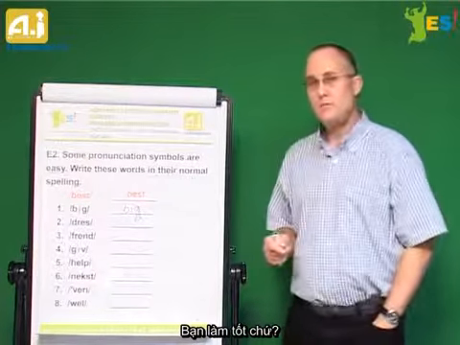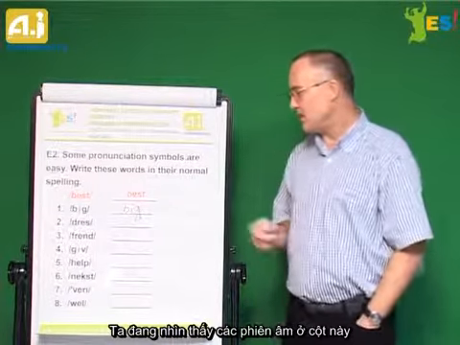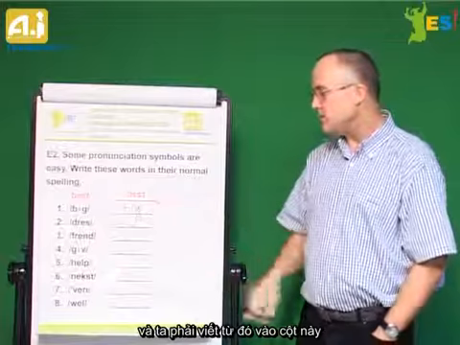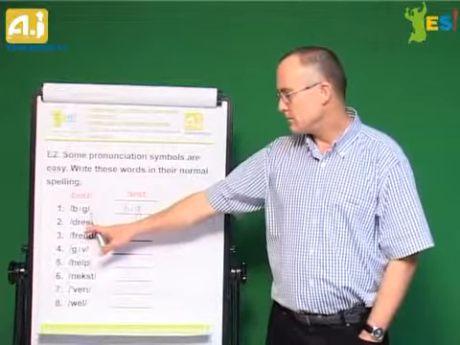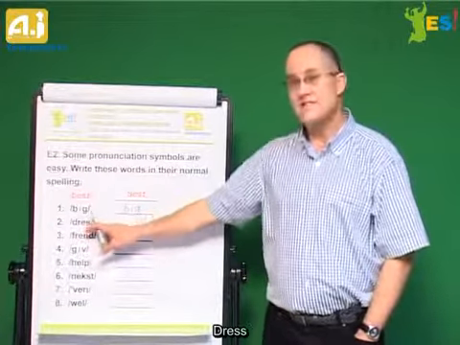Well, how are you doing? We're looking at pronunciation symbols in this column on this side, and the normal or letter spelling on this side. What word is this? Dress. How about this? You know this word.